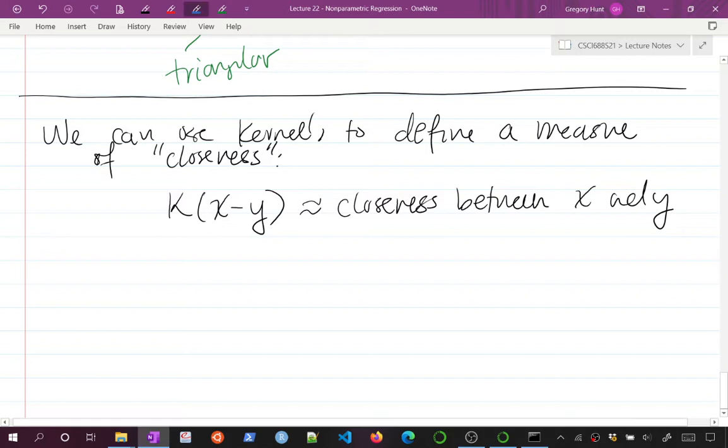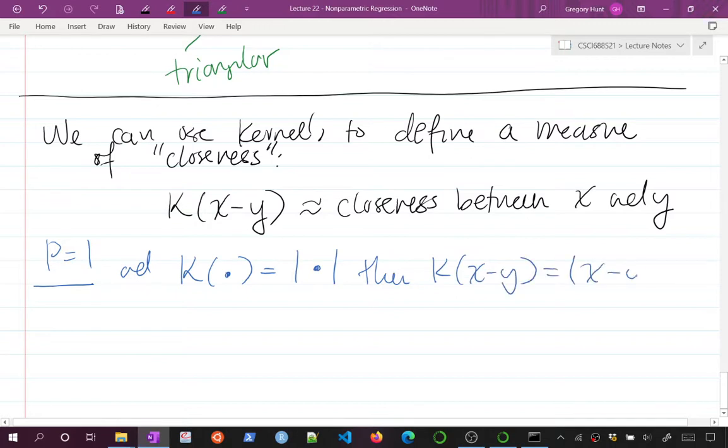So Euclidean distance, which would be x minus y, in our case, let's say if p is equal to 1, and k of whatever argument is just the absolute value of that argument, then k of x minus y would be our kind of normal Euclidean distance here.